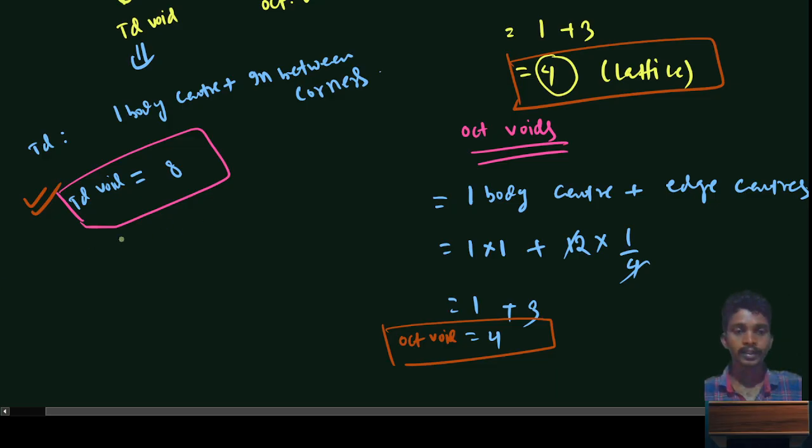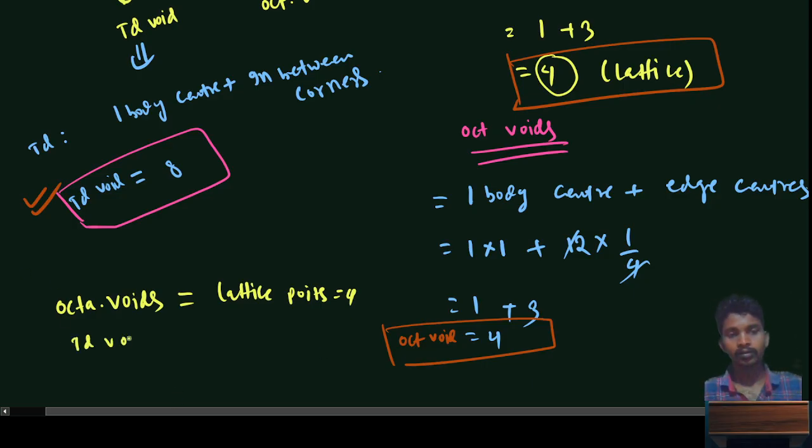From here we understand that octahedral sites are equal to the lattice points, that is equal to 4, but tetrahedral sites are just double the lattice points, that is equal to 8.